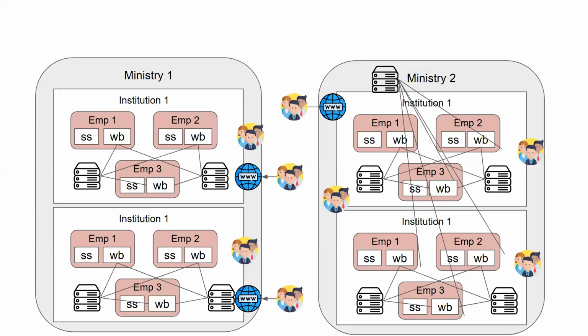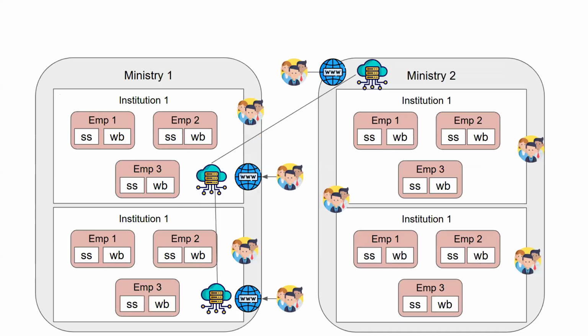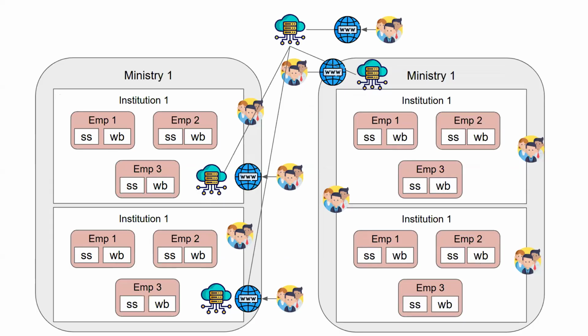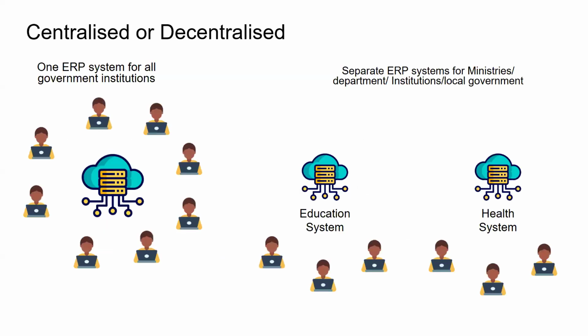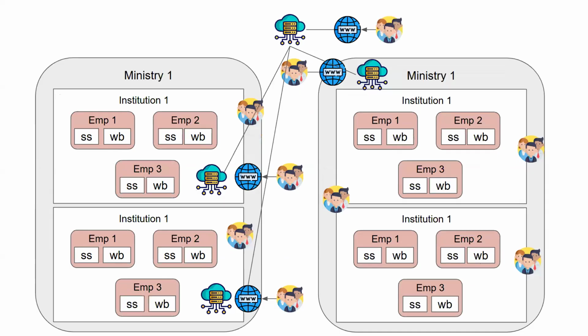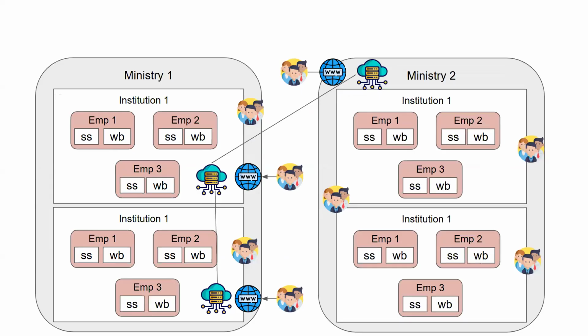Here you will see the ERP system is mainly run on servers, and then citizens and also other employees can log in and access these services through the web page.